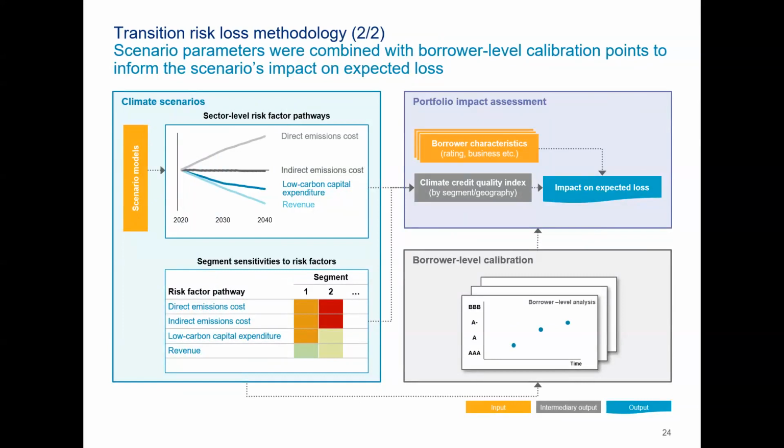And so we looked at, on the cost side, questions like, what are the changes in direct emissions costs to a producer? What are the changes to a supply chain, so the indirect emissions costs? What is the need of low carbon capital expenditures in order to produce a sustainable or compliant business? And then finally, how will revenues change as consumer preferences change, or as demand, as indicated by the scenario, changes? And so those were the kind of top-down views.